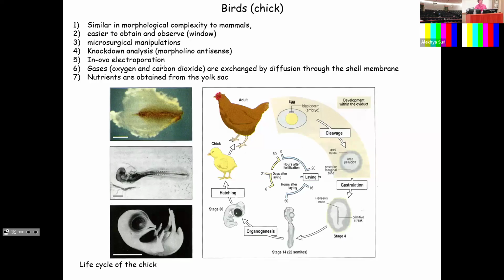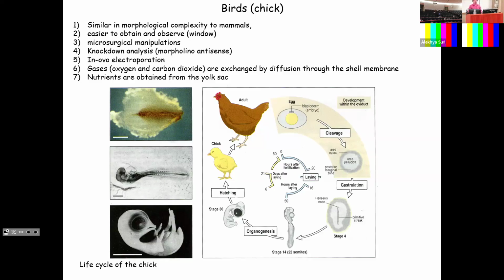In ovo electroporation is another cool technique in which you crack open the window and you put 2 electrodes at the cheeks or at the gastrulation stage of a chick on both sides, and you put in the DNA, the genetic information, and you apply an electrical pulse there, and this will induce electroporation, which is the incorporation of the DNA into the cells.